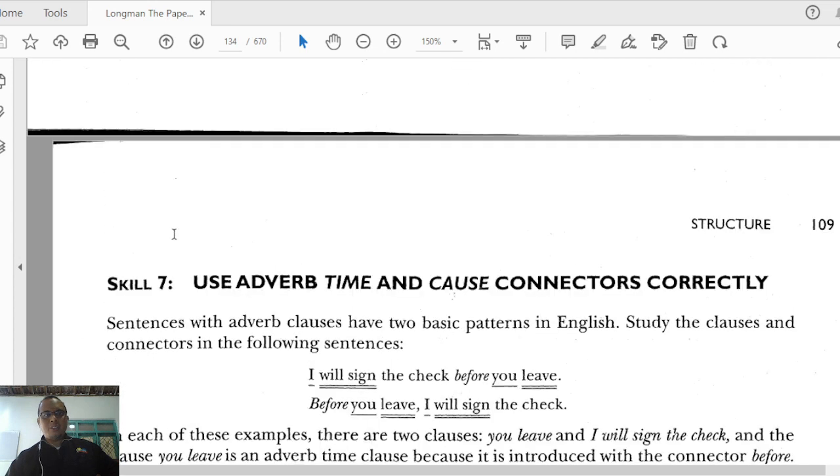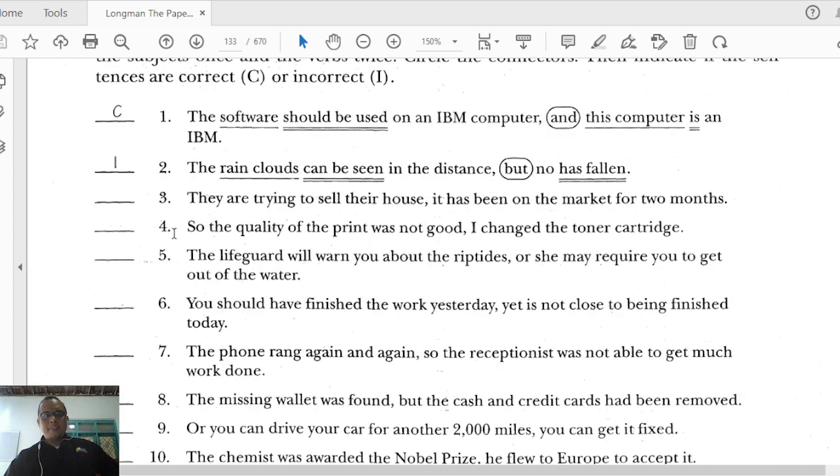Okay, so here we have the software should be used on an IBM computer, and this computer is an IBM. So the software, subject, should be used, verb. This one is this computer, subject, is a verb. Apakah sama?